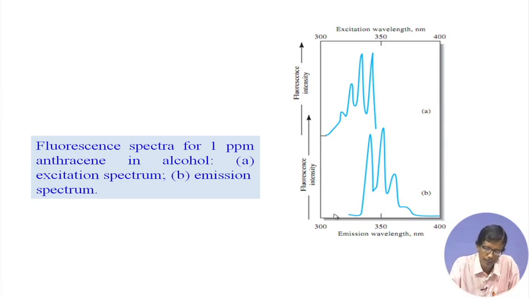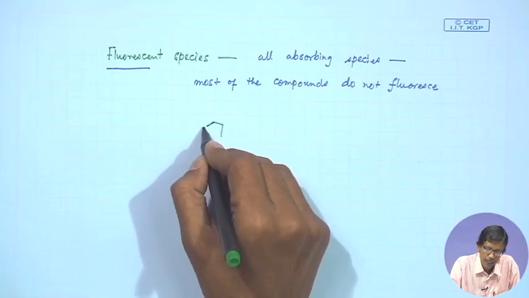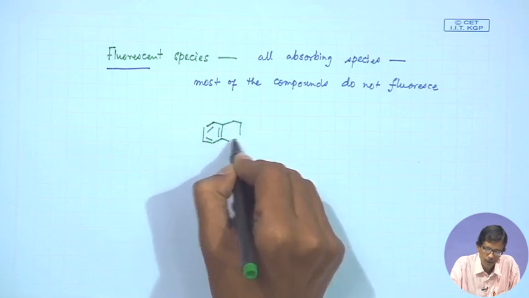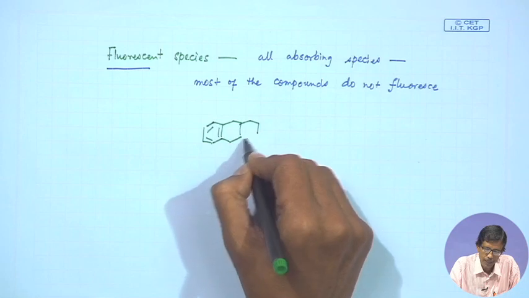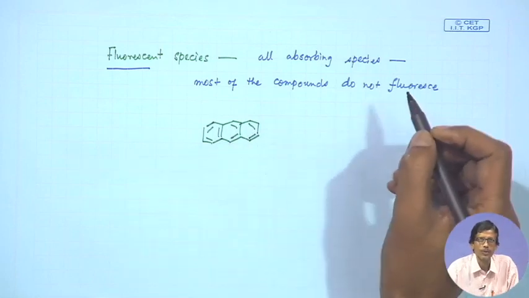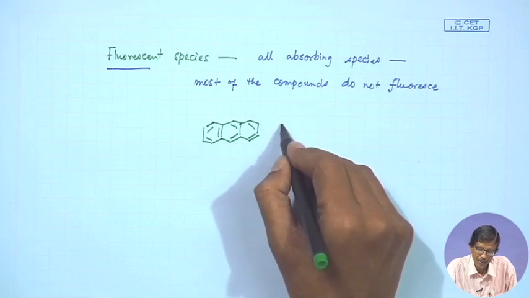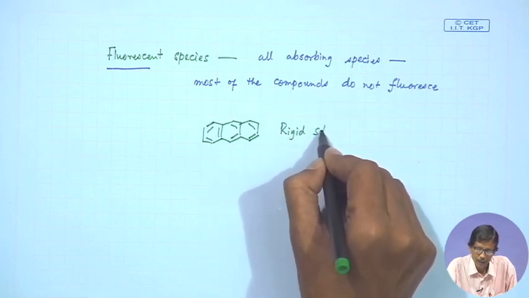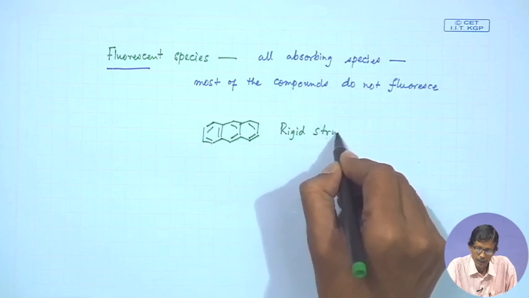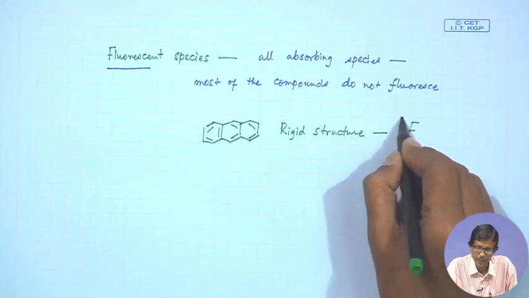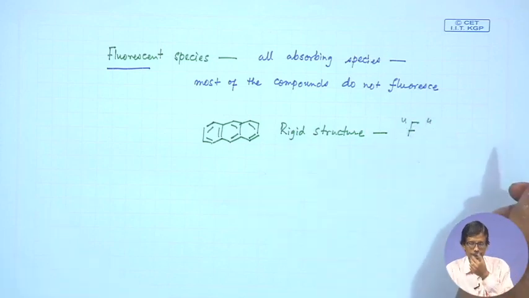We all know anthracene is a very fixed molecule of this type, where we have three benzene rings attached side by side. So, it has a very rigid structure. That is why it gives us the corresponding fluorescence intensity.